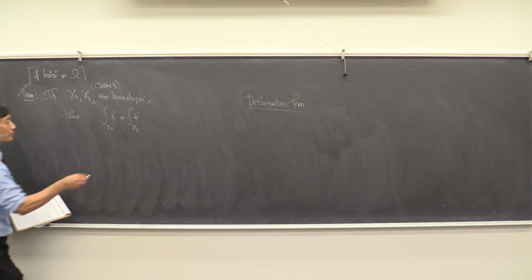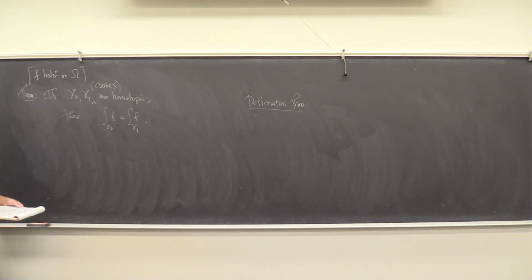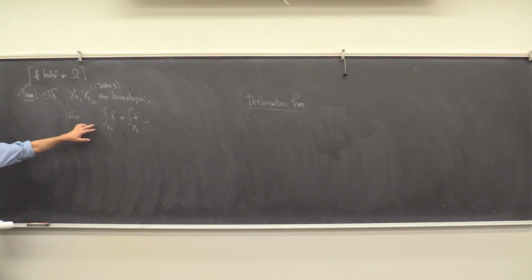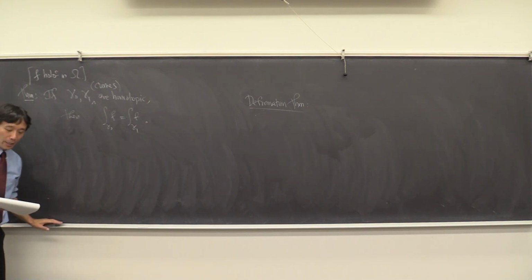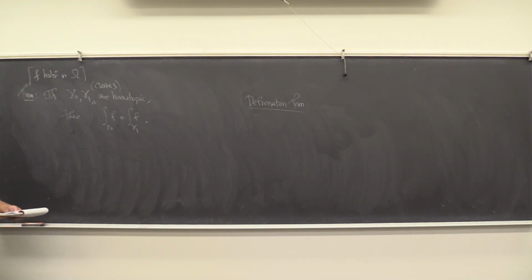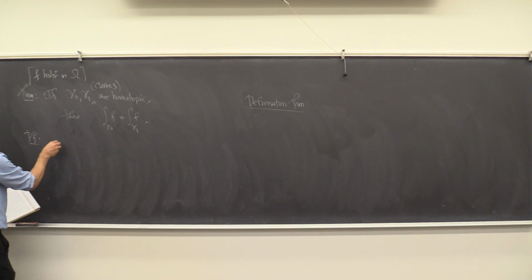So this says that whenever you can deform one curve into another, then the integrals are the same. The proof of this is a little bit involved, but let's do it. Start off with the homotopy.